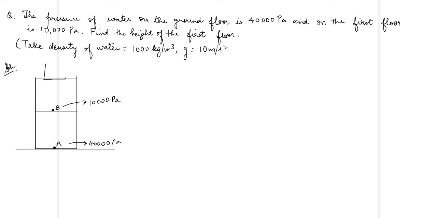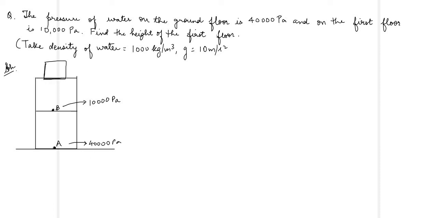Obviously if there is some water reservoir or a water tank kept on the top, so as we move down, as the depth increases, the pressure should increase. This is something that we have studied in the previous lecture. We have discussed that fluid pressure increases with depth from the free surface.